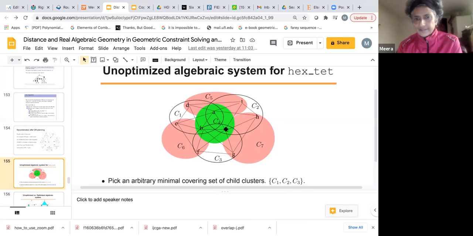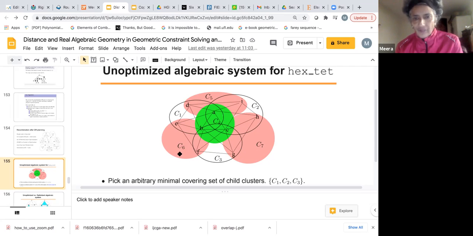Then you would have one incidence constraint with C, saying that C in the solution of this system is the same as the C here, so that would be 3 equations. And then you would have the 3 distance equations.